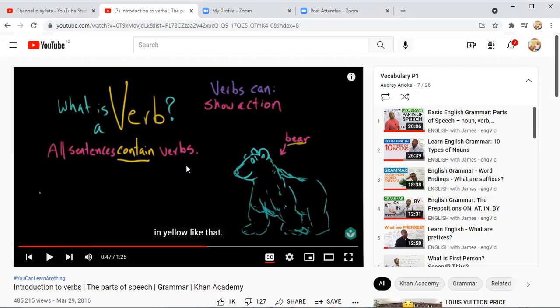Jadi walaupun kita berbicara, it's also a verb. When we are talking, when we are sleeping, when we are walking, when we are thinking, we are doing something, and it could be expressed by a verb.